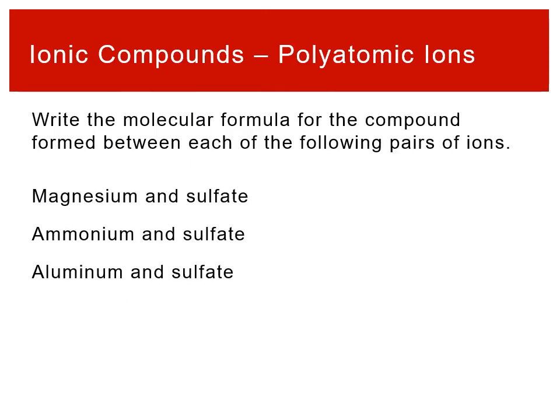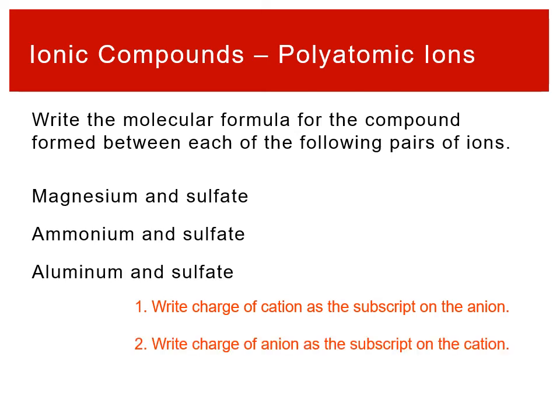All right, let's look at some examples of writing molecular formulas for compounds between these ions. So I have magnesium and sulfate. Even though I'm looking at polyatomics, I'm still going to use the same crossover method. So write the charge of the cation, write the charge of the anion, and then simplify. If I start with magnesium and sulfate, magnesium is +2 and sulfate is -2.